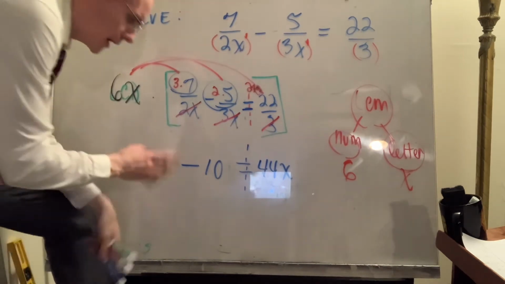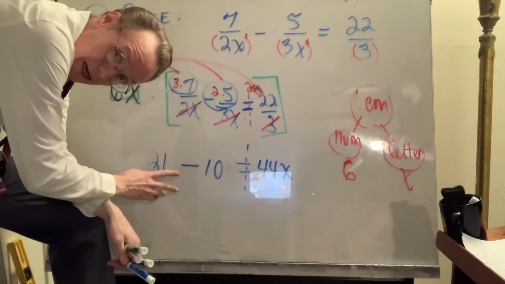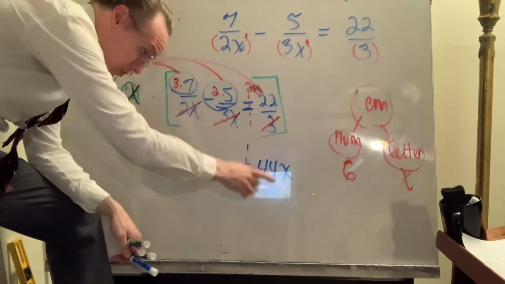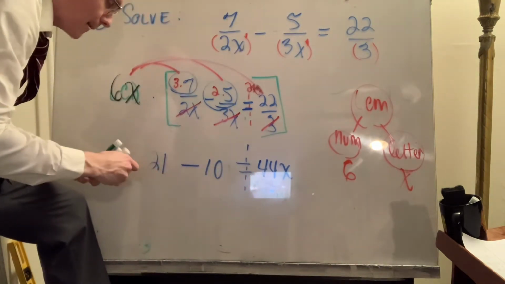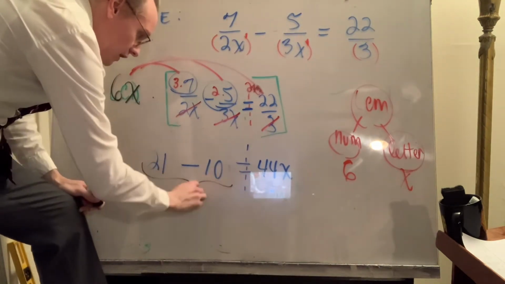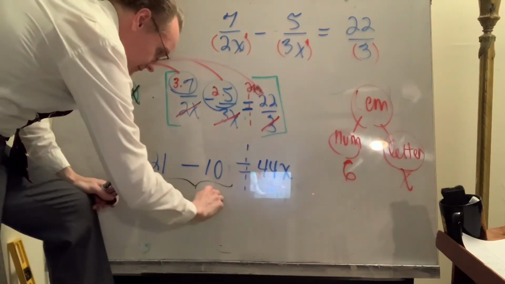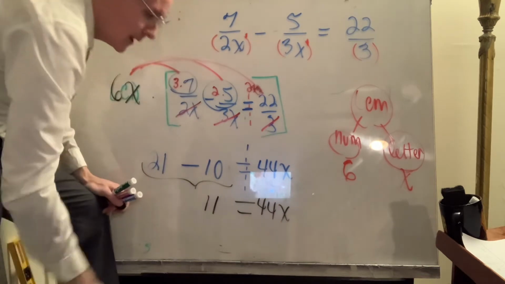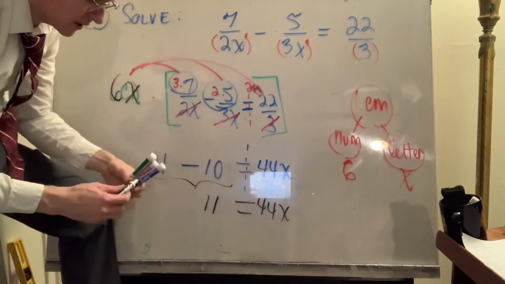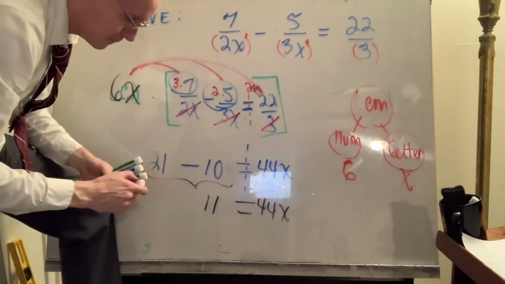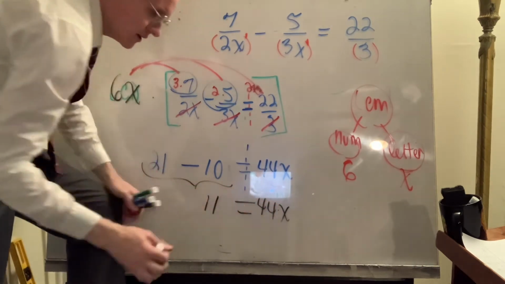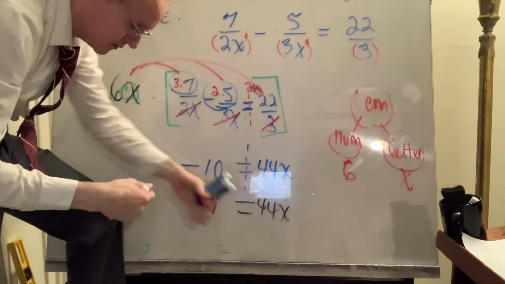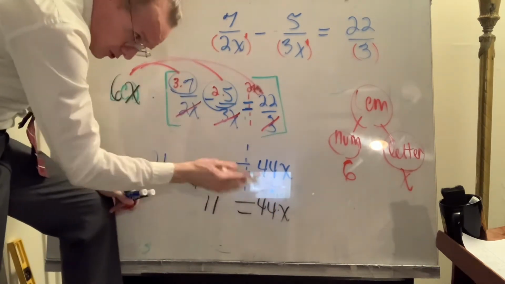So combine what you can on the left and simplify, that is, apply arithmetic before you apply algebra. So what would happen here is that you would end up with just 11, right? And over here you'd have 44x, right? Now the letter is on the right side of the equals, but it doesn't matter, all right? Just realize that these are 2 parts, a coefficient and a variable pressed together, so they're understood as being multiplied.